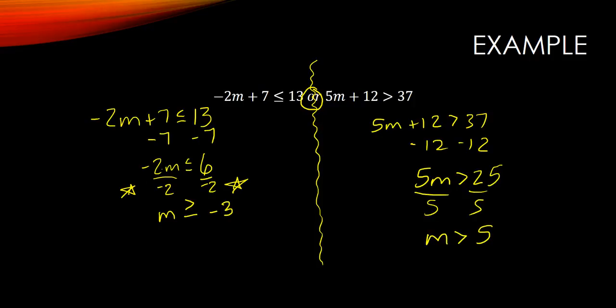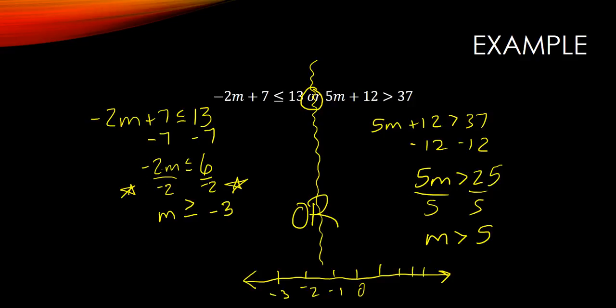Now, again, we need to graph these on the same number line since it was an or problem. So I'm just going to do these numbers: negative 3, negative 2, negative 1, 0, 1, 2, 3, 4, 5. Let's write them all. And let's see, we have m greater than or equal to negative 3, which is to the right, because it's greater than.